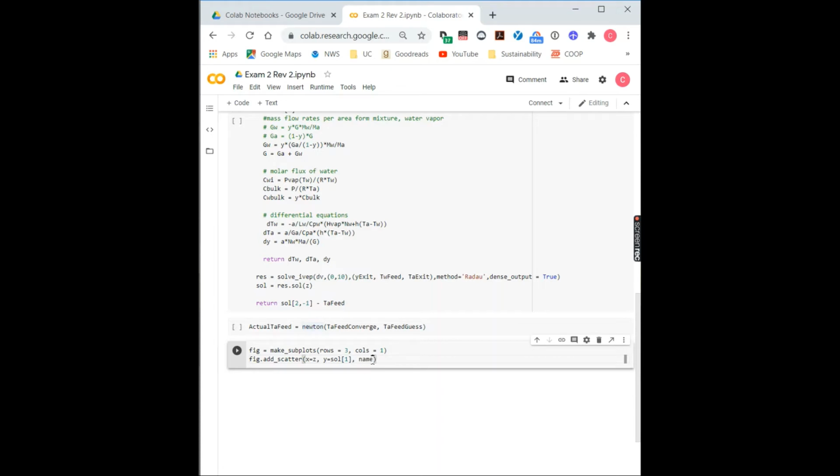And this can be labeled as our water temperature. This is the first graph that we have on our plot, so it will be in row 1.